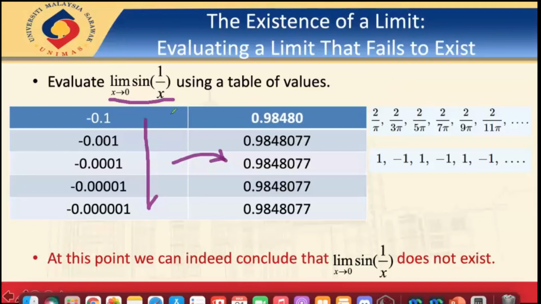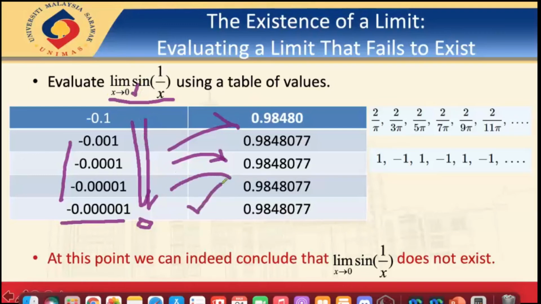If we apply input like this and we get output in a consistent way, like you see, the input is also consistent, getting closer and closer to 0 according to this definition. If we are getting closer to 0, the output is getting closer to 1. So there is a consistent output, and there is a pattern between input and output. When this situation exists, then we can say that the limit of a function exists.